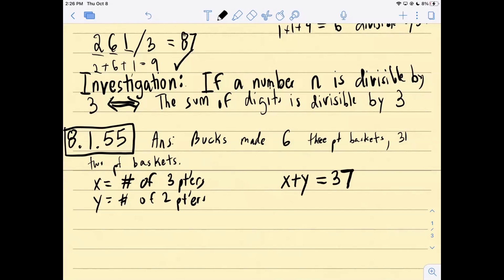Okay, and then Allison, any ideas? I know you mentioned you were a little bit stuck, but any thoughts on what you can do for the next equation? No, I feel like I'm just lost.